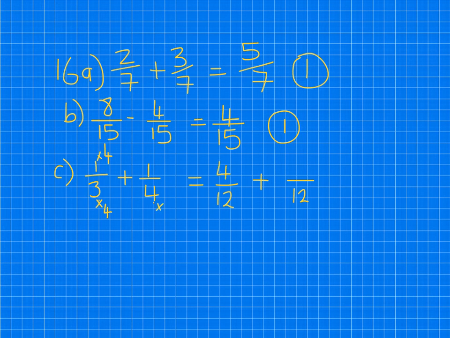What did we multiply 4 by to make 12? 3. Therefore, we multiply the numerator by 3 to give us 3/12. Now we've got 4/12 add 3/12, which gives us 7/12. There are 2 marks for this question: 1 for correctly identifying the common denominator, and 1 for the answer 7/12.